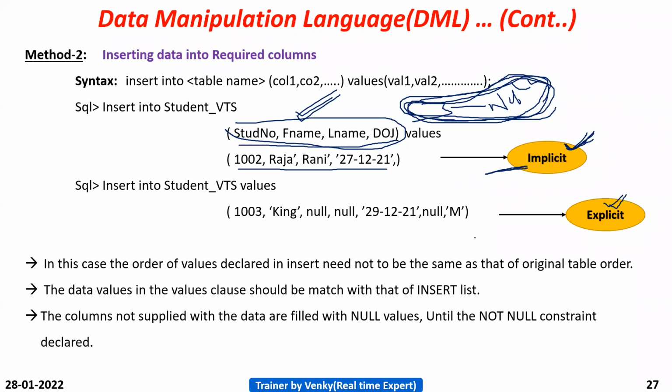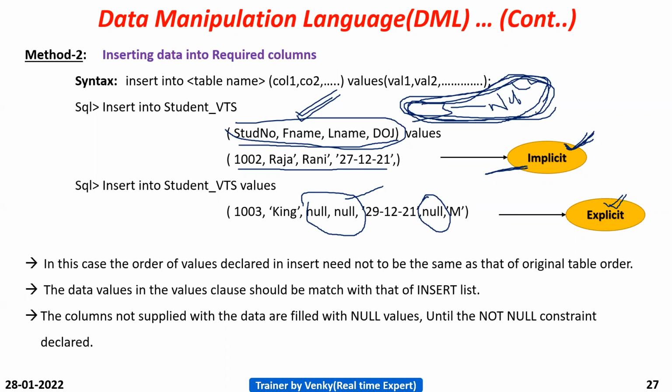So if you want to insert the null values explicitly, you need to specify the null keyword in place of the column you want to insert the null value into.